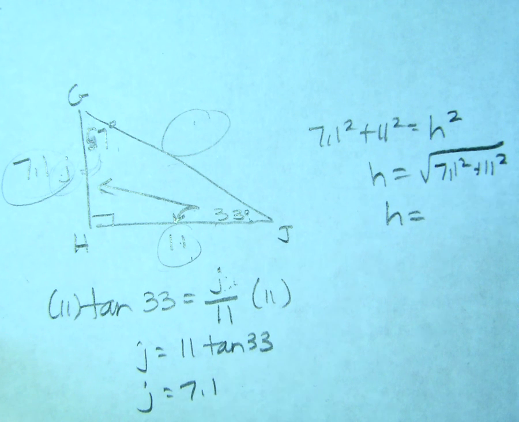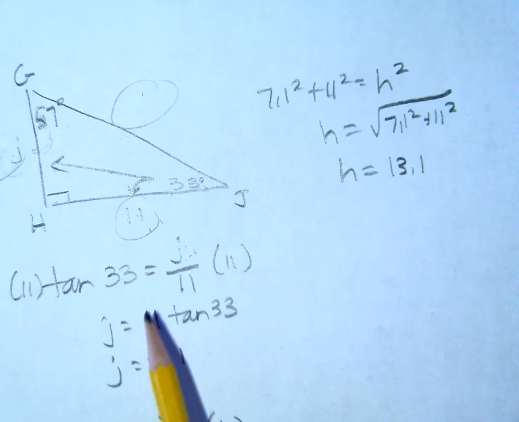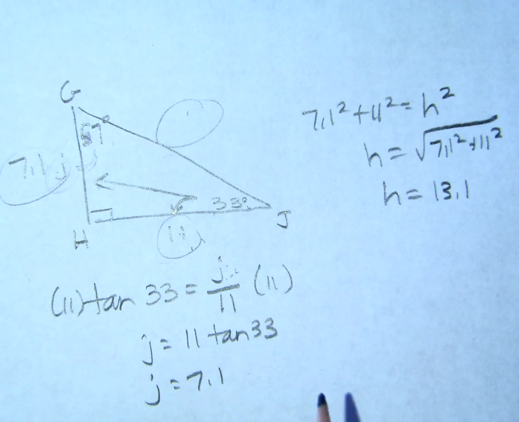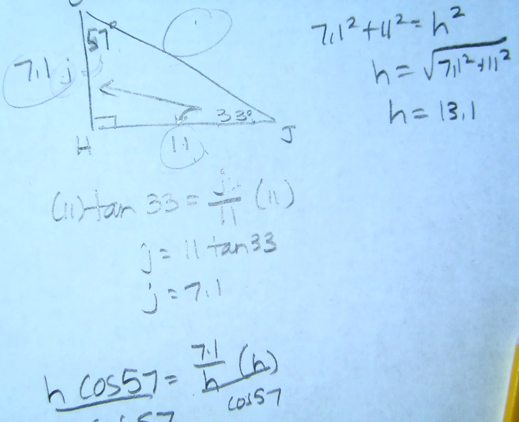And in this case I got 13.1, but close enough. So Pythagorean theorem or trig functions. But to start off, I only had one side, so I had to use a trig function to figure out what the other side is. So that's how we solve right triangles, find all the missing parts.